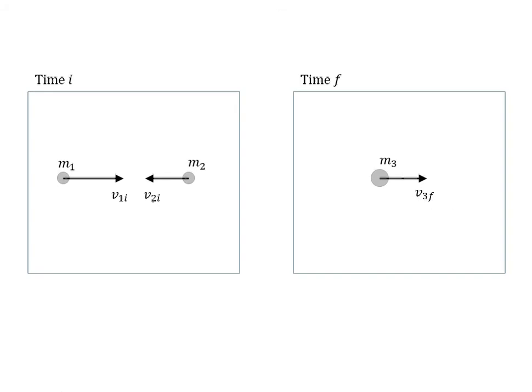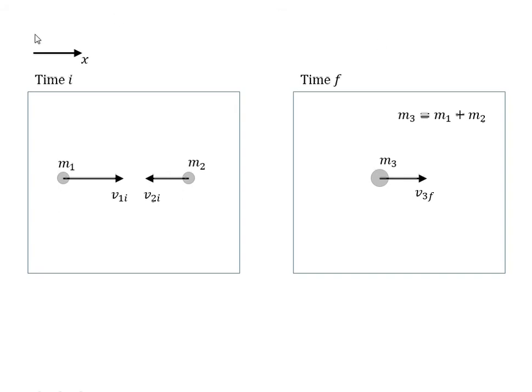Now, to be honest, without knowing the numbers here, I don't know if in the final situation it's moving to the right or to the left. We'll let the math handle that for us. And there we go. The M3 is going to be M1 plus M2. I haven't put any concrete values in quite yet. Let's continue looking at it symbolically, at least for the moment.